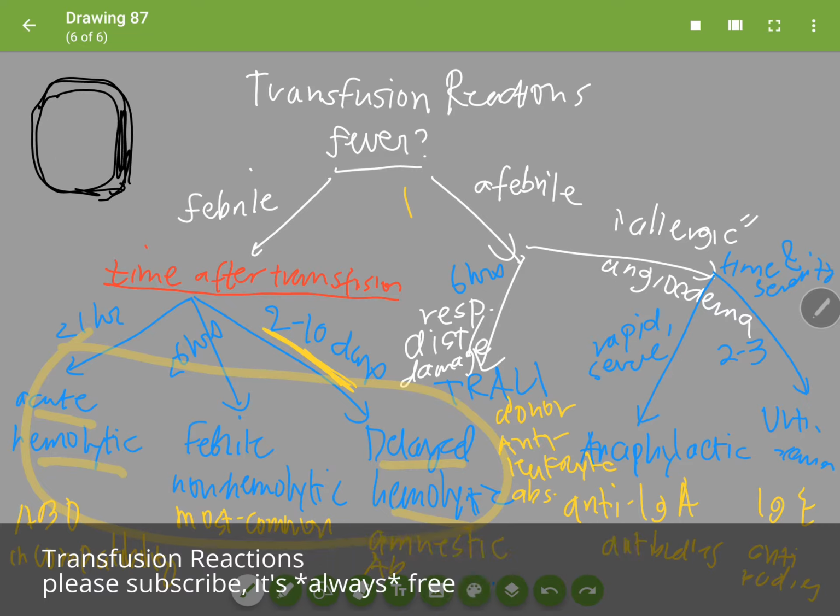Now, the way I remember this one is it's febrile non-hemolytic. The name of it is febrile non-hemolytic, even though these other two are febrile. But febrile looks like file, and when the blood is filed away, it develops these cytokines. That's not a very great way of remembering it, but if it helps you, then that's great.